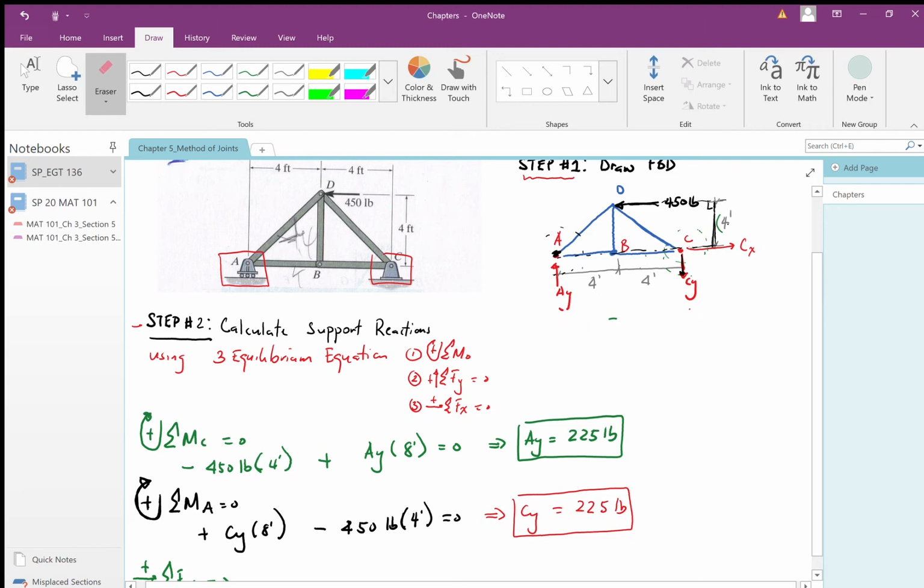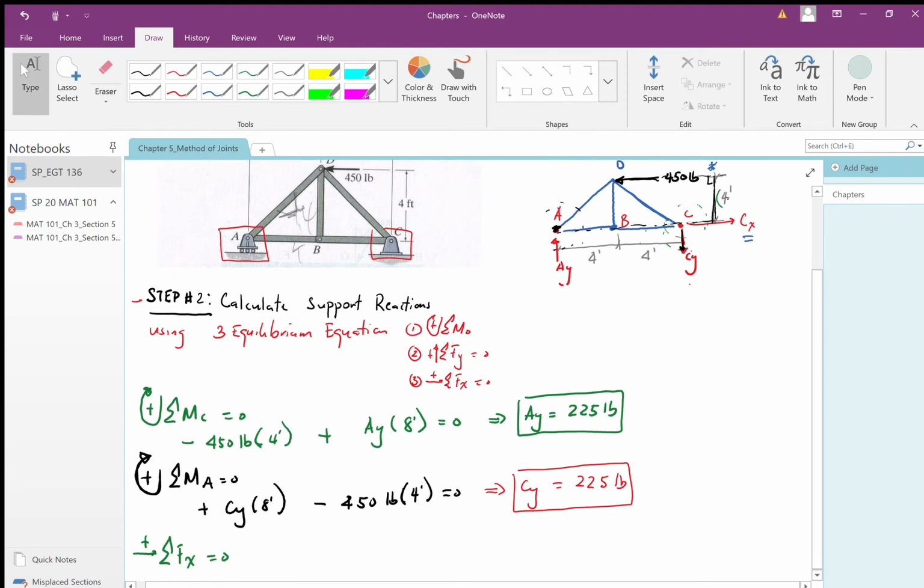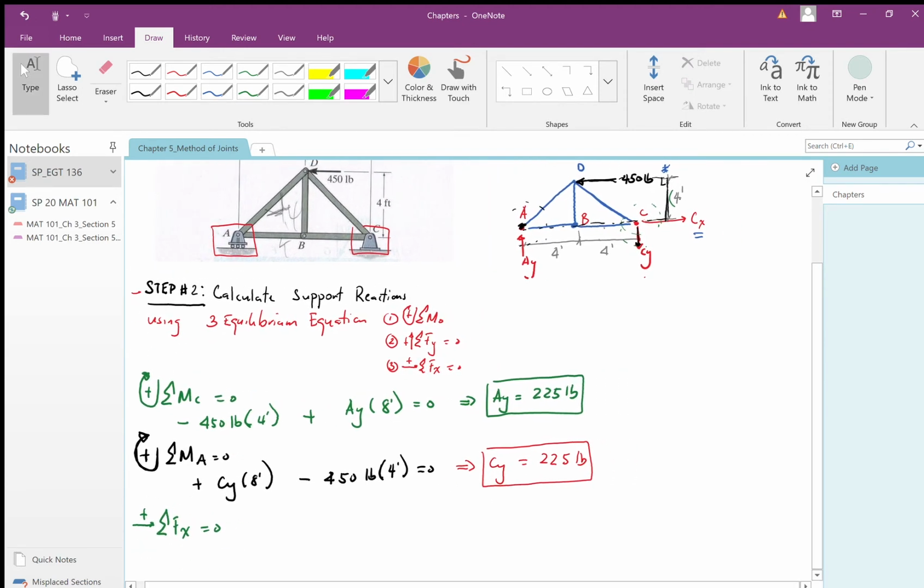So when I look at my free body diagram, what kind of forces do I see in the X direction? Well, I see my CX here, and I see this 450 pound force here. So I can now say the sum of the forces in the X direction will be a positive CX minus 450 pounds equals 0. When I solve for CX, CX equals a positive 450 pounds.